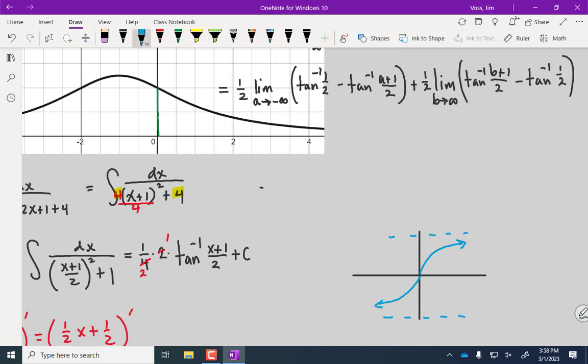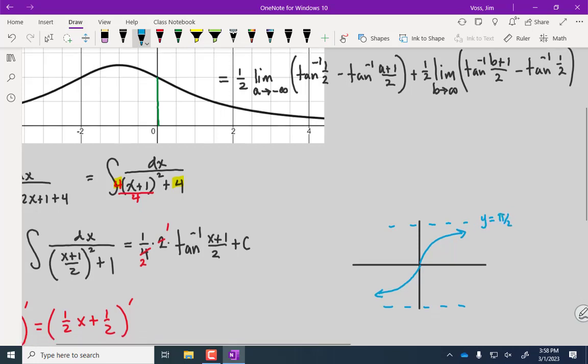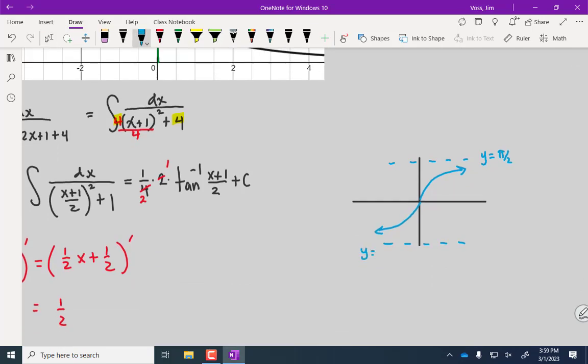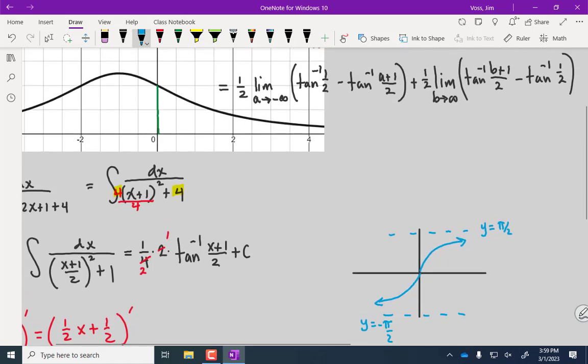Arctangent is one of the few functions that you encounter that have two horizontal asymptotes. This horizontal asymptote is at y equals pi over 2. This horizontal asymptote is at y equals negative pi over 2. So that picture needs to be in your mind, because you are going to see inverse tangent a lot.